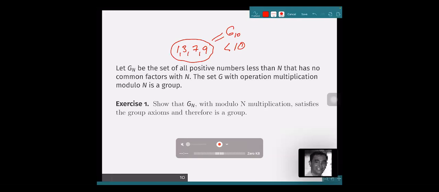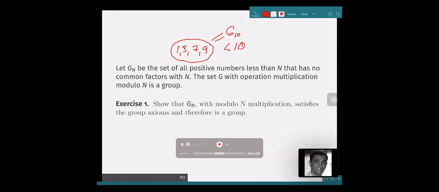These are the set of numbers less than 10 which don't have a common factor with 10. Now it turns out that they form a group with multiplication modulo 10.